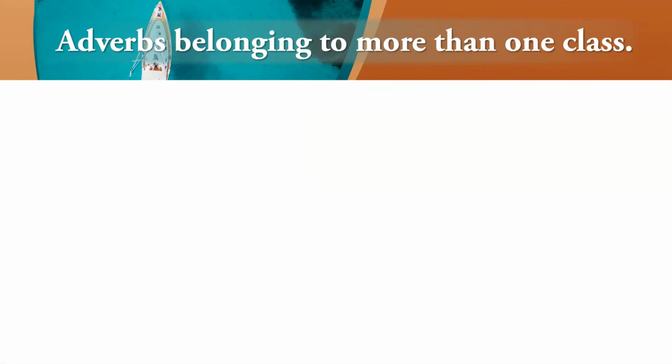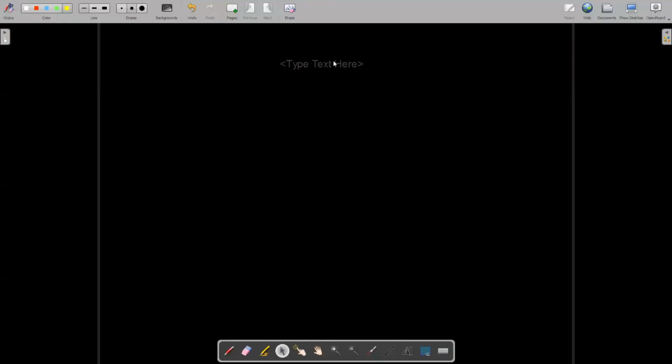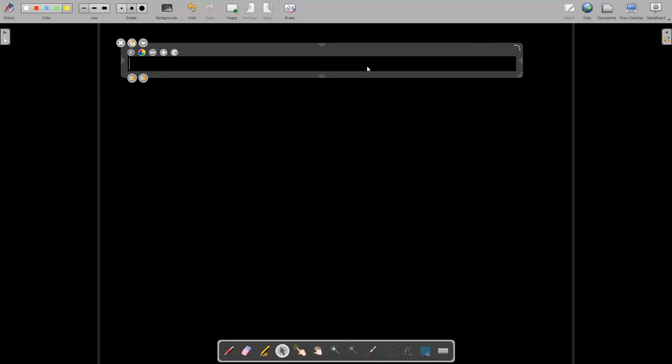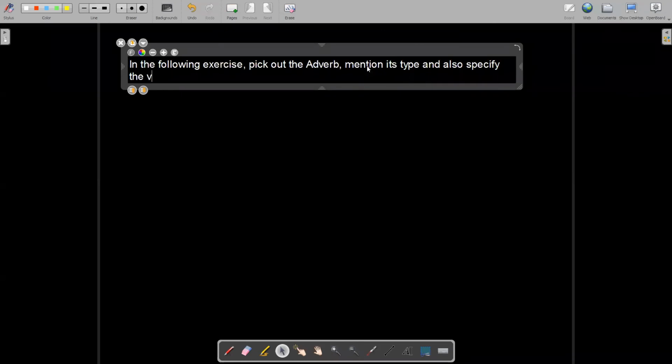Right. So we are quickly going to see the examples now. Write the question. In the following exercise, pick out the adverb, mention its type, and also specify the verb, adjective, or another adverb which it modifies.